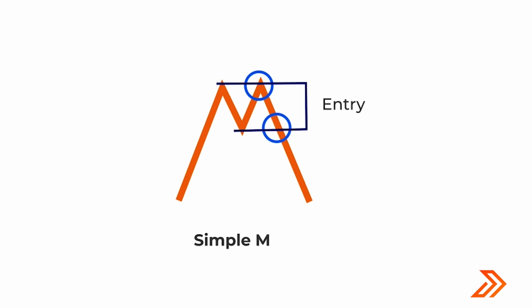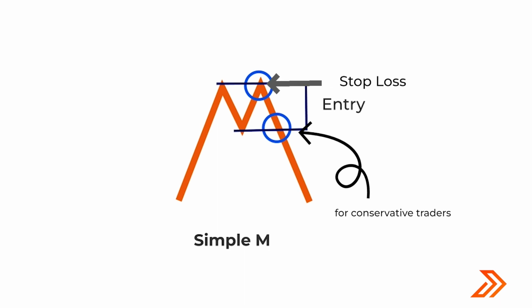And here is the entry. If you're an aggressive trader, you can look at placing your entry at the peak of the second leg of the M. Or if you're a conservative trader, you could wait for a break of this neckline and then place your entry, with your stops around this high.